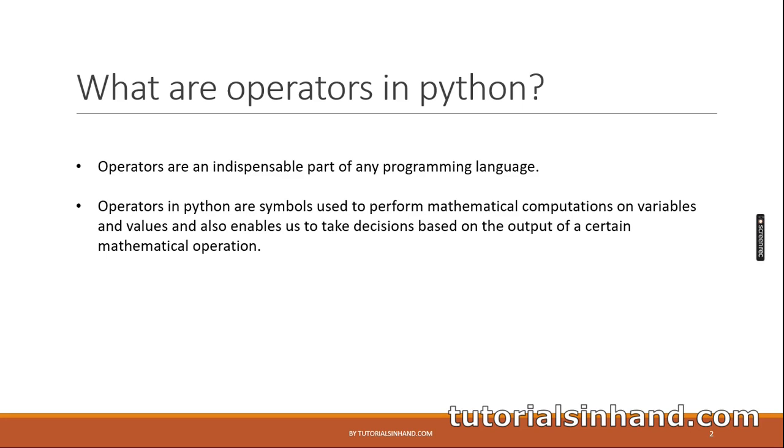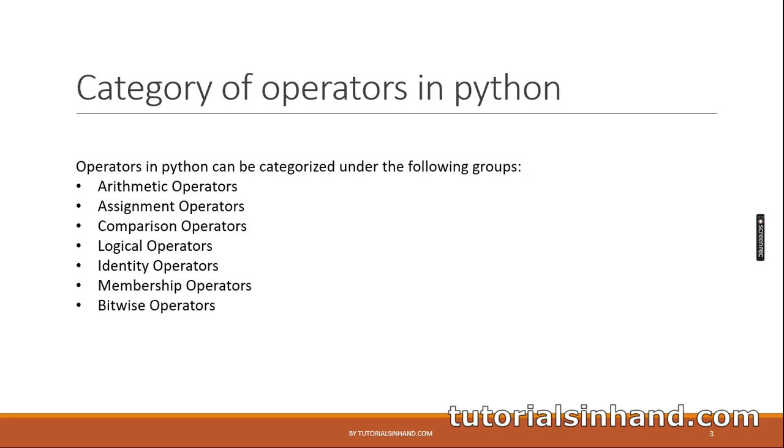Okay, let's proceed. In this slide, we will discuss the different categories of operators in Python. Operators in Python can be categorized under the following groups. They are arithmetic operators, assignment operators, comparison operators, logical operators, identity operators, membership operators. The last but not the least is the bitwise operators.